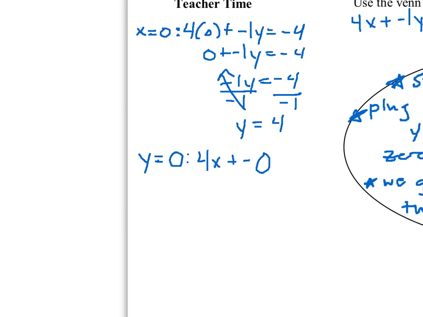Well, okay, that's obvious. -0 is still 0. So we get 4x is equal to -4 divided by 4. That tells us that x is equal to -1.